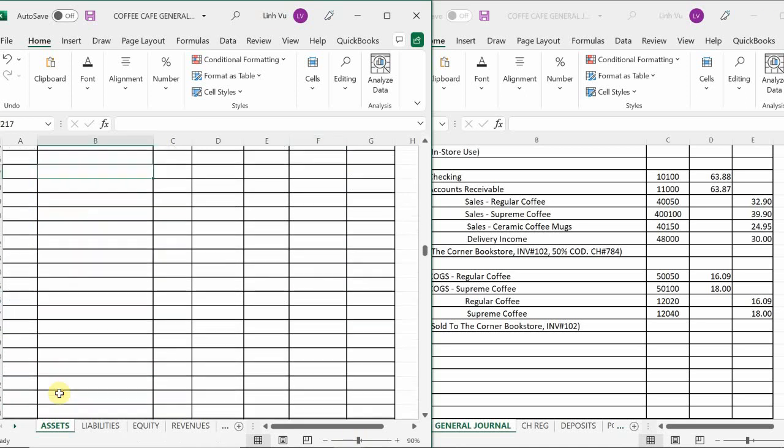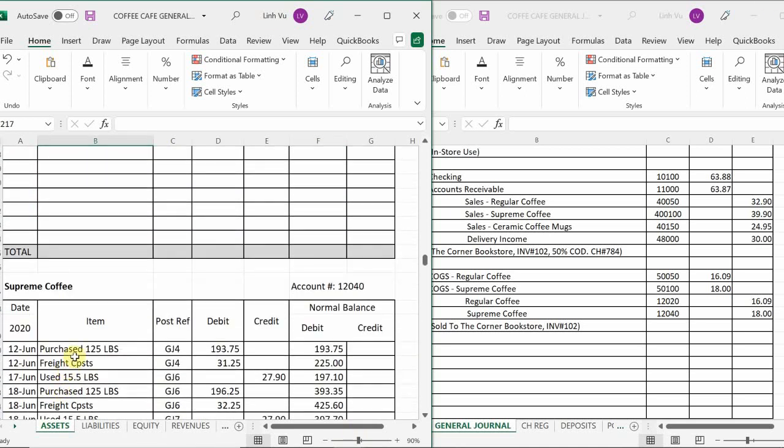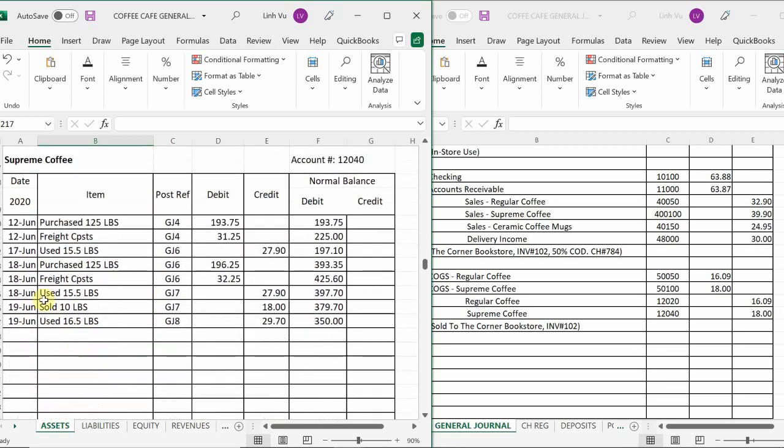The last one is going to be the cost of goods sold for the Supreme coffee that we need to update right after we sold it. We sold 10 pounds for a total of $18.